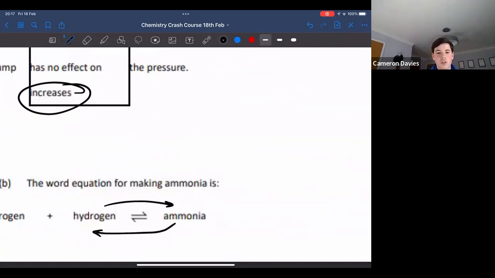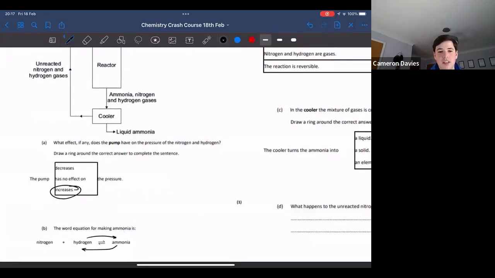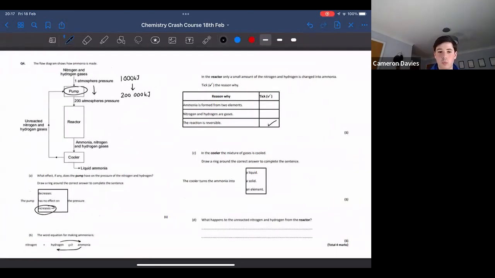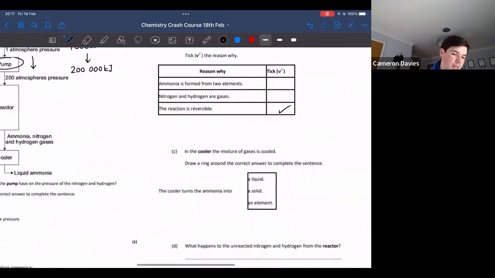So if we've got a reverse reaction happening, we produce nitrogen and hydrogen once we've produced ammonia. A lot of it is going to be converted back, so we only obtain some ammonia because some of it's already been converted back. When it's a reversible reaction, we're not always going to get all of the ammonia because it might change back.